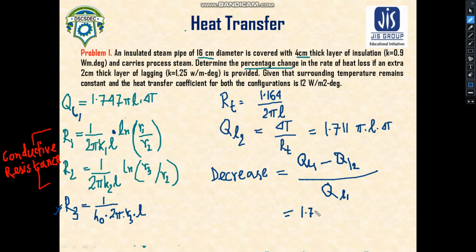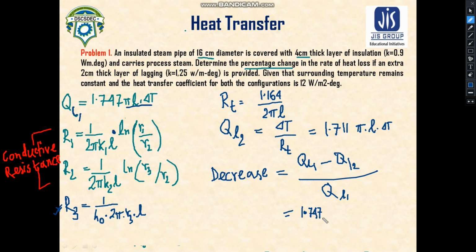So here it would be 1.747. This term can be taken common, and since you will see it in both the numerator and the denominator, this term can be neglected, so it is getting out of the equation.